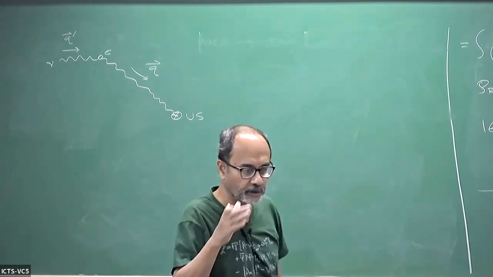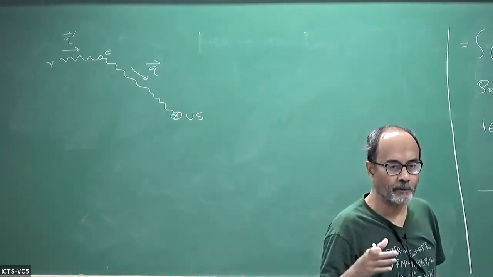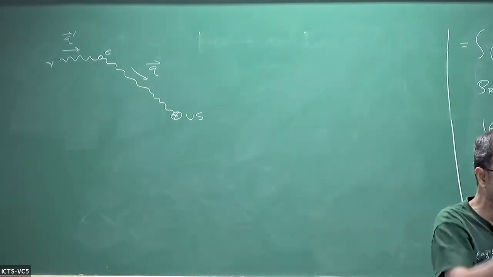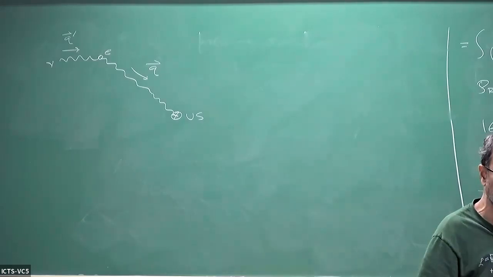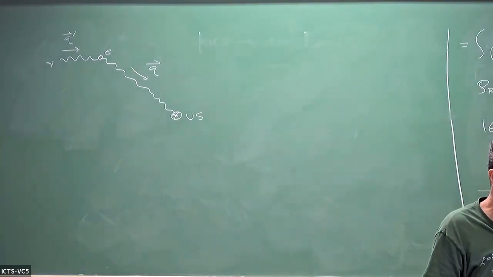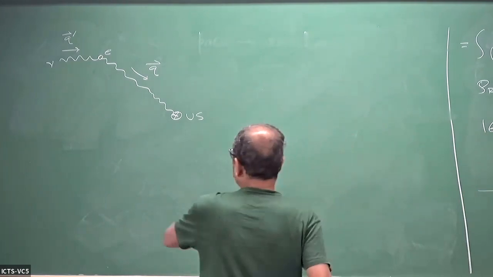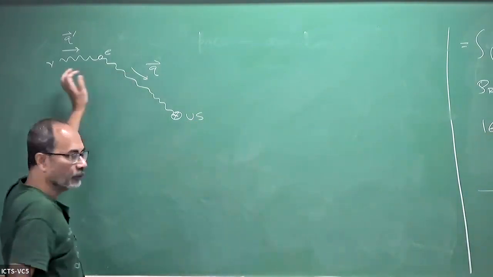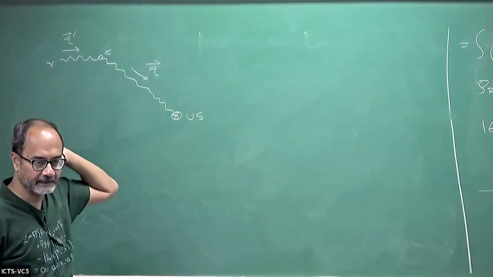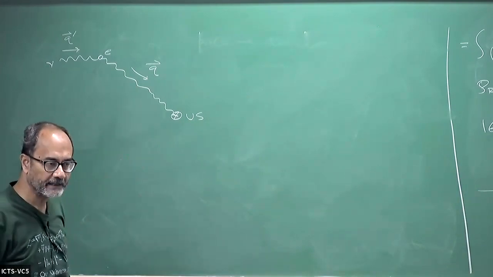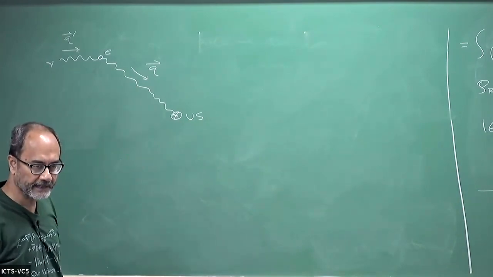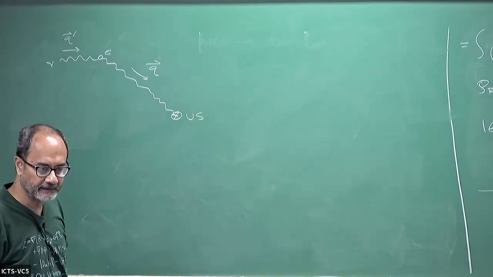That is the direction of q, because that is what you observe. You observe a particular direction and a particular energy of the photon. So the final q is fixed, but q prime can be anything. We don't know before the last scattering which direction it came from, or which momentum it was carrying. So that's arbitrary.